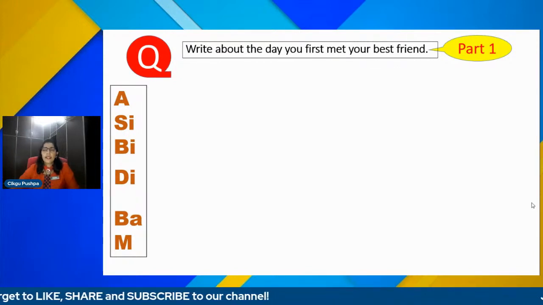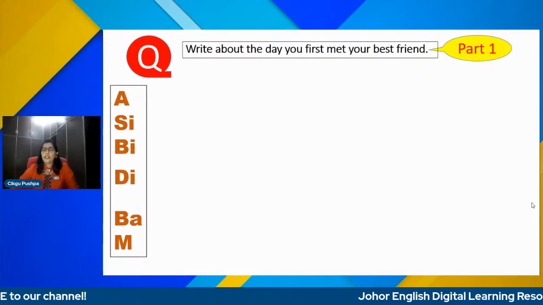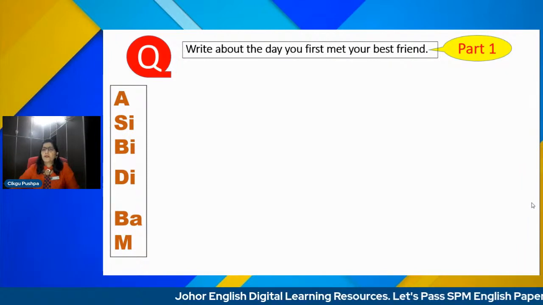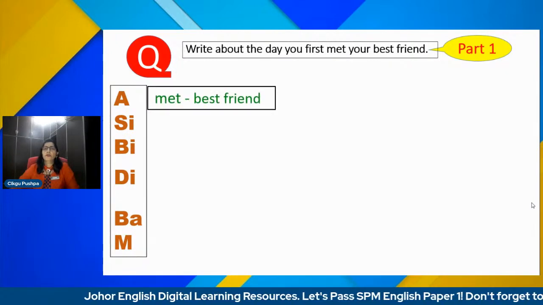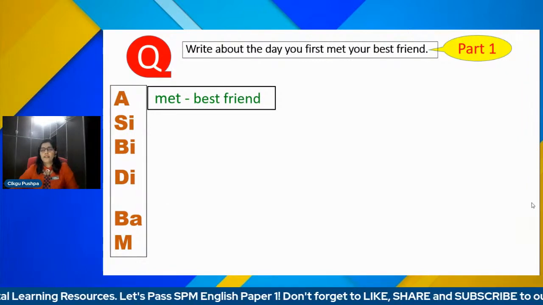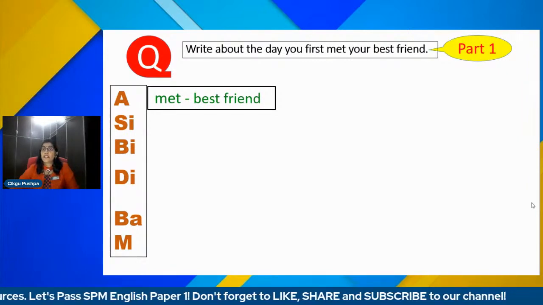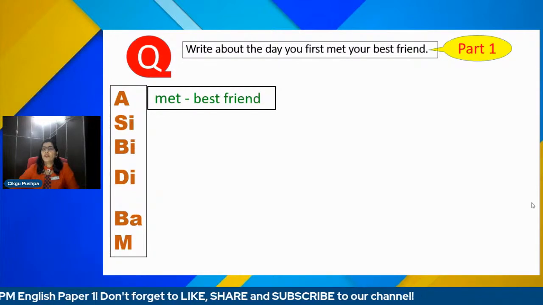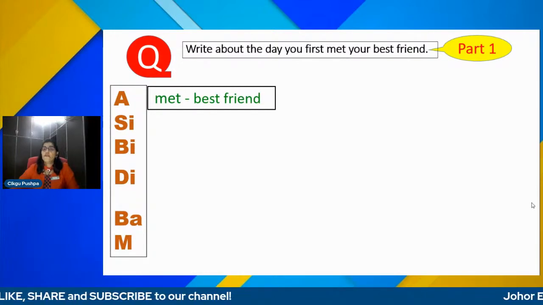Never mind, you can think in Bahasa and you can write the words or phrases in English. So let us think, apa, apa, apa yang berlaku? What happened? So this is your clue. Yes, met best friend. You can see this in the question, right? So this is how you're going to use RCBD BAM in order to generate words or phrases.